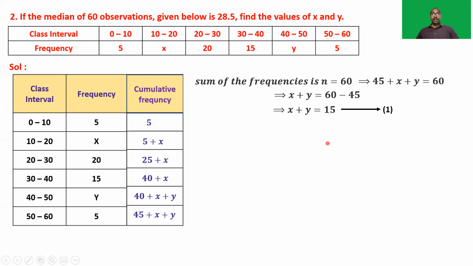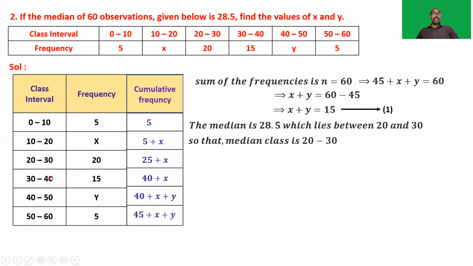Now the median is 28.5, which is given in the data. Among the class intervals, the class interval that contains the median 28.5 is 20 to 30. So the median lies between 20 and 30, and that median class is 20 to 30. The lower limit of the median class, L, is equal to 20, and half of the observations, n by 2, is 30.